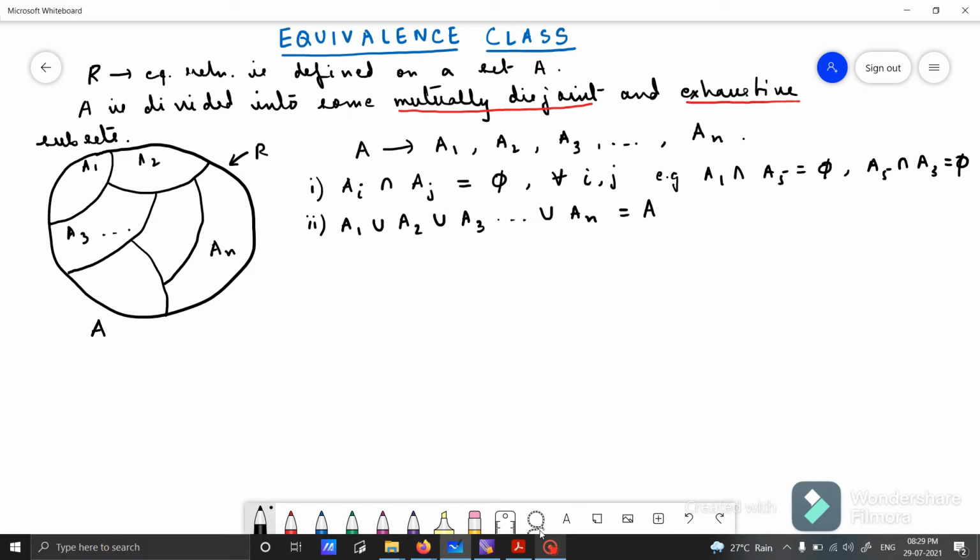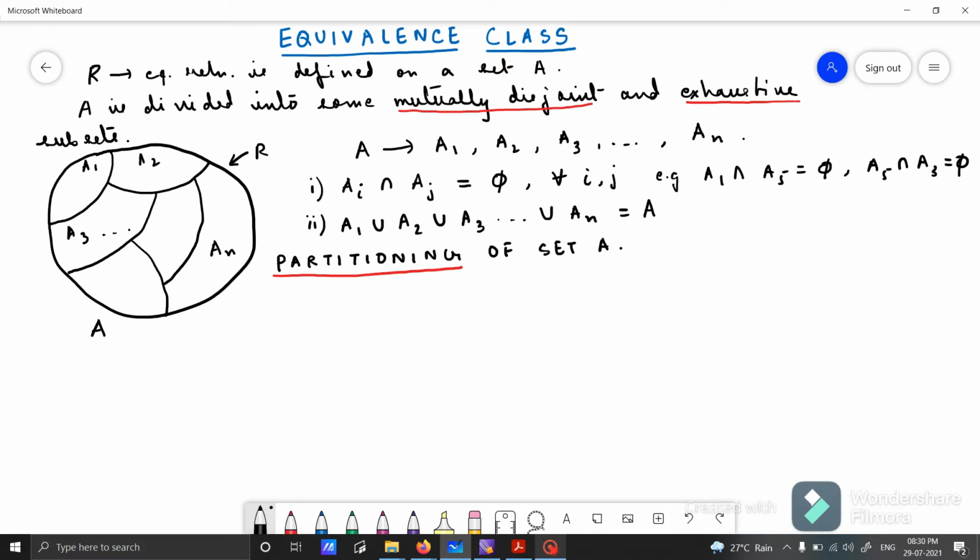So this interesting thing will happen automatically to the set A if you define an equivalence relation R on A. Now this phenomenon is called partitioning of a set. Partitioning of set A. This is a new term for you, and probably this will not be given in your book, but you should know the term.